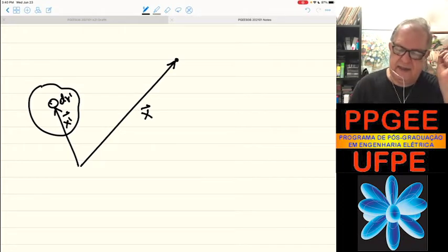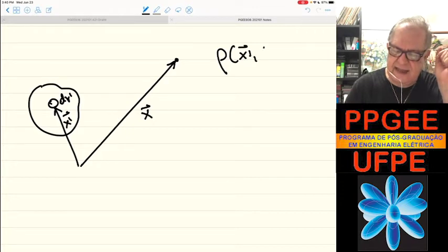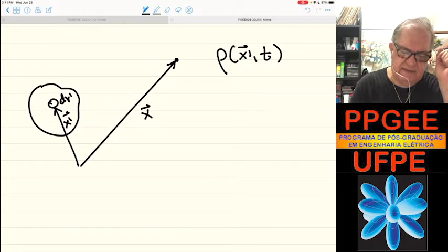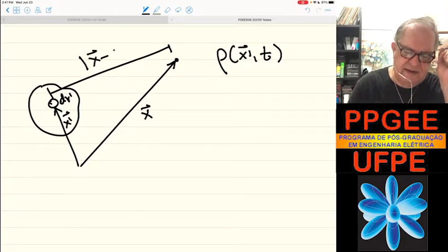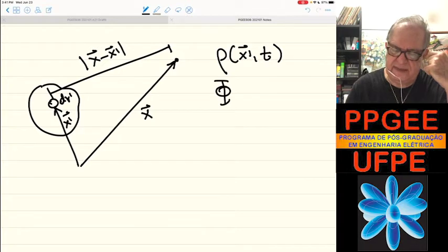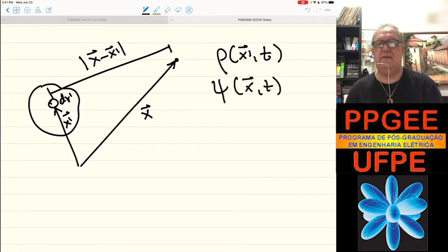So what does it mean? That a disturbance at point x prime at time t produces far away, right? This distance here is the magnitude of x minus x prime. It produces at a distance a potential which is given by psi, I'm sorry, that's electromagnetic now, psi of x at the same time t.